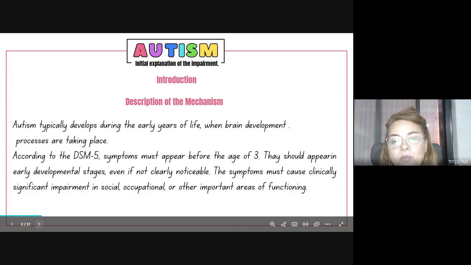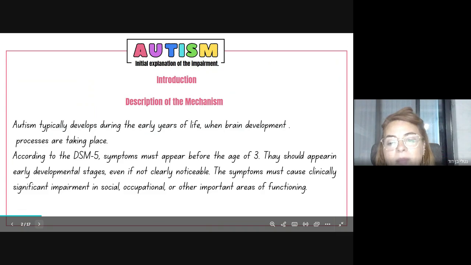Introduction, description of the mechanism. Autism typically develops during the early years of life when brain development processes are taking place. According to the DSM-5, symptoms must appear before the age of 3. They should appear in early developmental stages, even if not clearly noticeable.